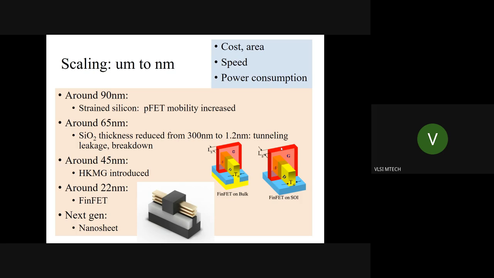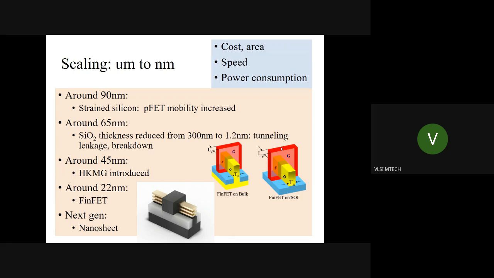After that, if we kept scaling the gate length, we would have had to scale the oxide thickness as well, so that we maintain the same gate control. But if we scale the oxide thickness further, silicon dioxide would probably break down and there would be a huge amount of leakage current. So what people did was they introduced something called the high-K metal gate. The primary thing in that was this high-K material.